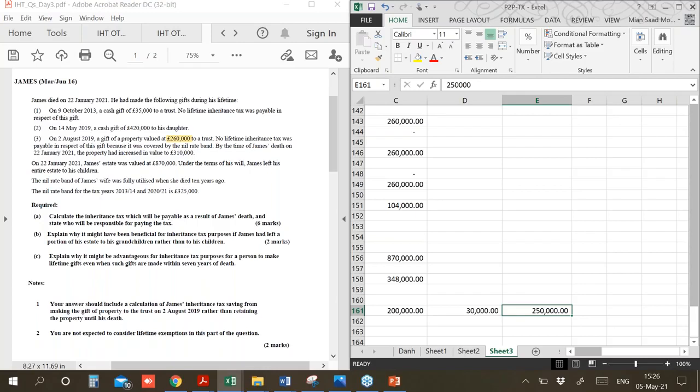The answer is yes, that is this one. This has utilized the nil rate band. 30,000 or not? Not 30,000. You first have to deduct the annual exemptions from that amount. So you'll first deduct 6,000. The answer will be 24,000.